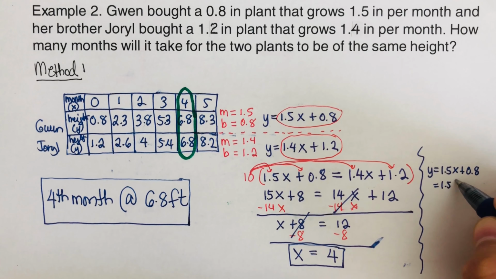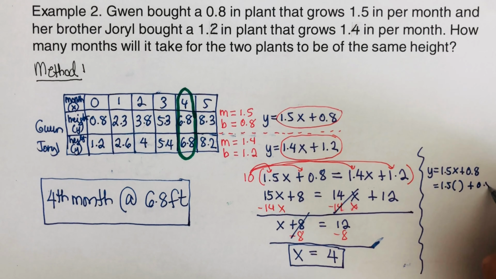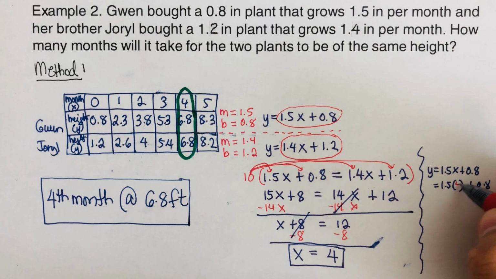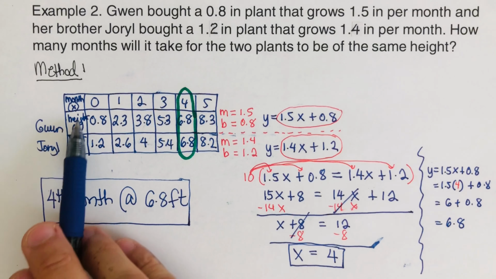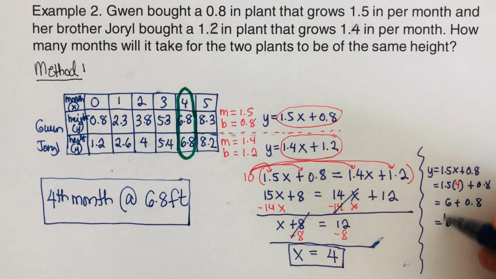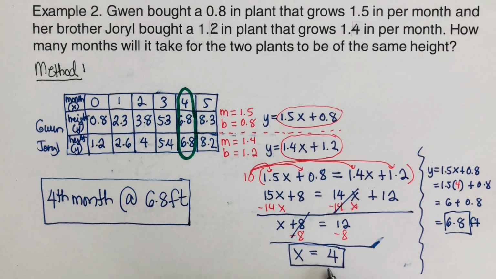So 1.5 times 4 plus 0.8. 1.5 times 4 would be 6, plus 0.8 is 6.8, which is our y, which we assigned as the height. So this is the height of the plant, that's 6.8 feet after 4 months, and that's actually the same height for both of them.